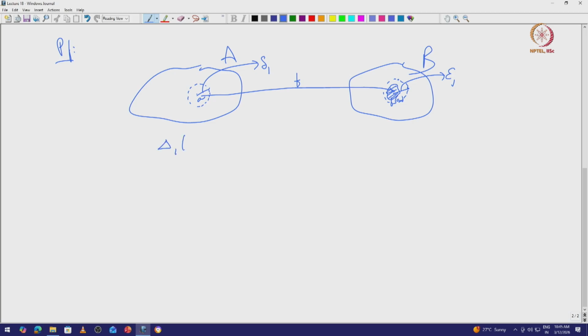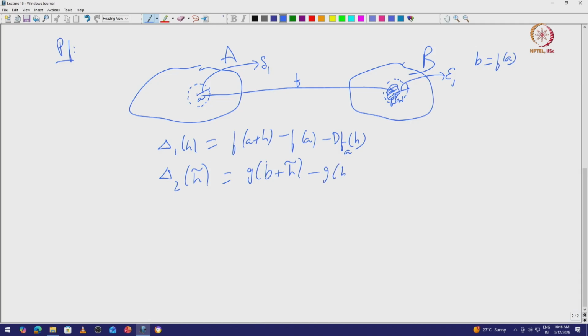Next, we define the errors as usual. Notice that the error will depend on h, and likewise the error for the second function will depend on h tilde. Let's call b as f of a. So the error is g of b plus h tilde minus g of b minus the derivative.